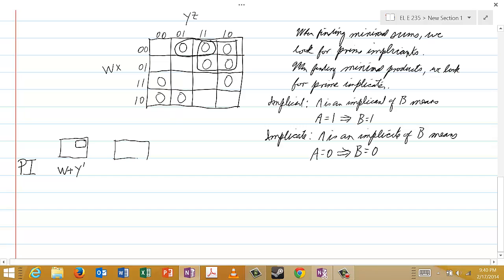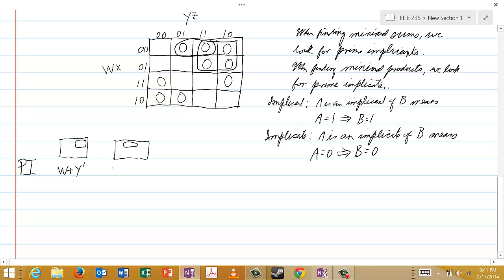I encourage you to try yourselves, since this is a new idea. Try to figure out the name for this rectangular grouping of 2 zero cells, and then we'll do it together. Okay, so we notice that W is constant and equal to 0. Likewise, X is constant and equal to 0.